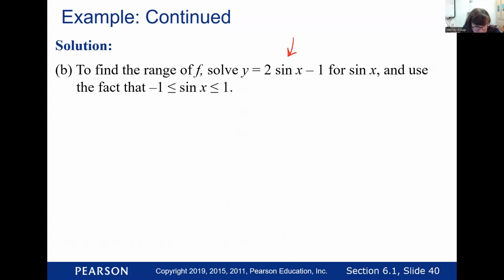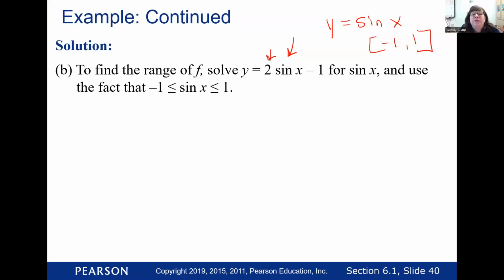The range of y equals sine x was -1 to +1. But that's not what we've got. We've picked ours up and we've transformed it a little bit. We've got the amplitude rising up to 2 and down to -2. So if you were just thinking about that, that's your amplitude.